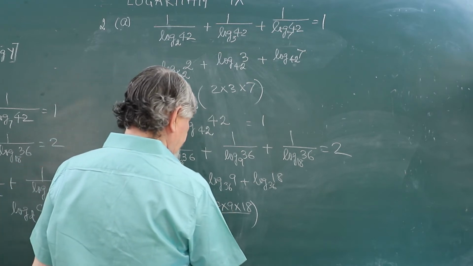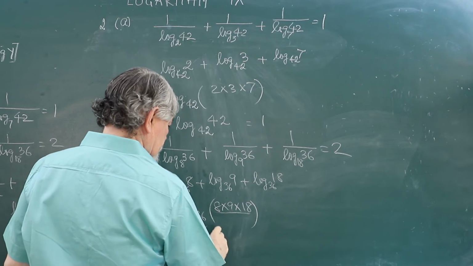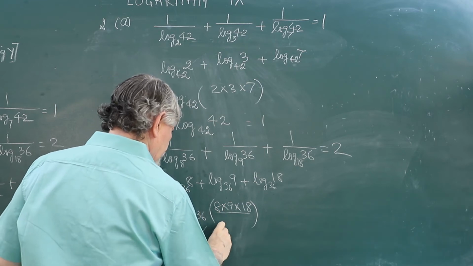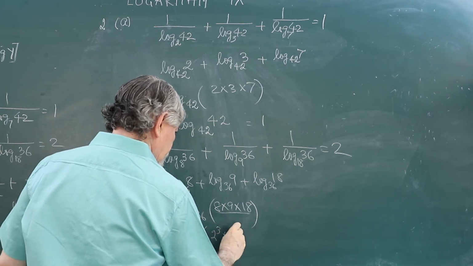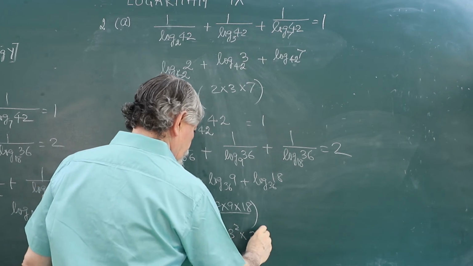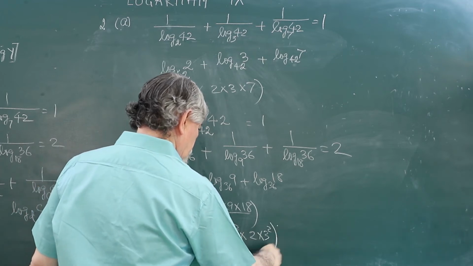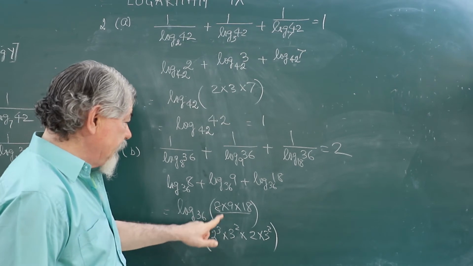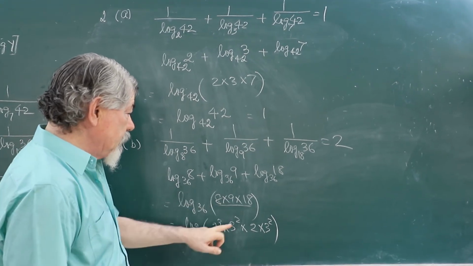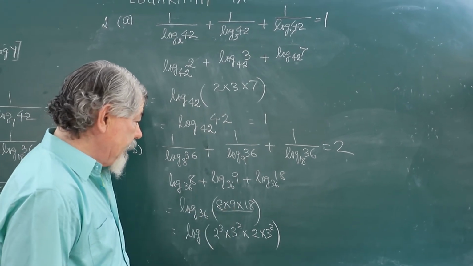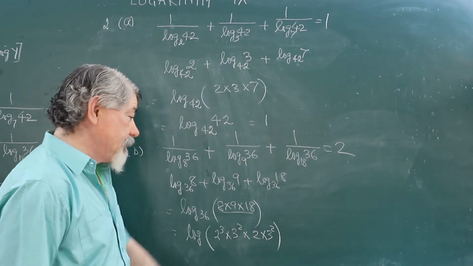Let us find out. 9 fours are 36. 2 to the power 3, 3 to the power 2, and 2 into 3 to the power 2. 2 to the power 3 is 8, 3 to the power 2 is 9, and 2 into 9 is 18.